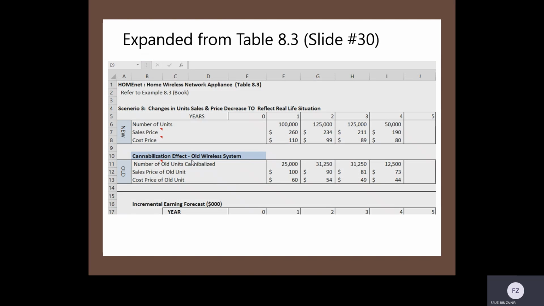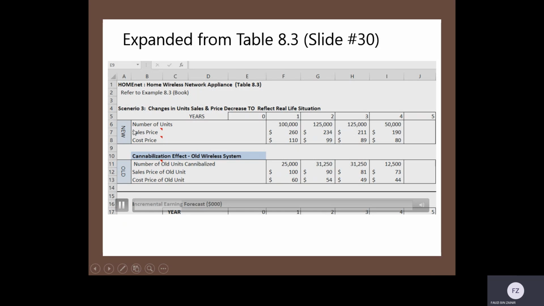If you were to turn to the Excel spreadsheet under the tab rail, and look at the whole changes and the effect on the free cash flow with the net working capital, here's the part where we try to figure out the units, sales price per unit and cost per unit.